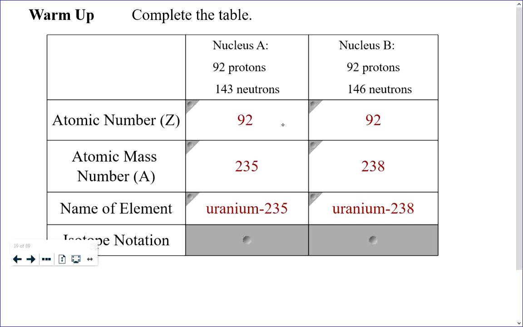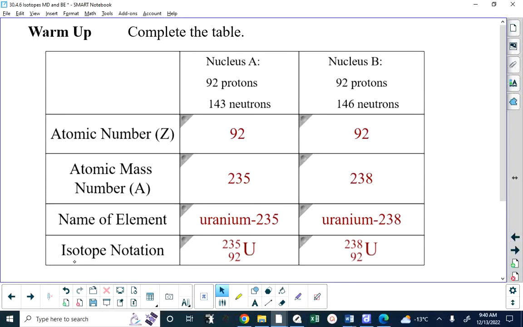But when we learn, starting tomorrow, how to write nuclear equations, we do need both numbers. I have seen, and I really don't like it, I have seen this, where it's written like isotope notation, but they don't put the 92.